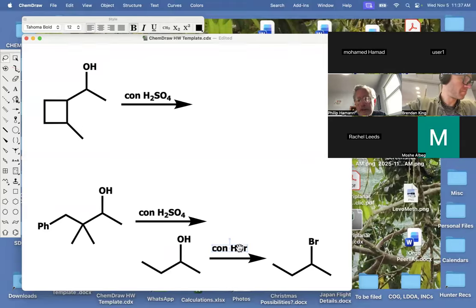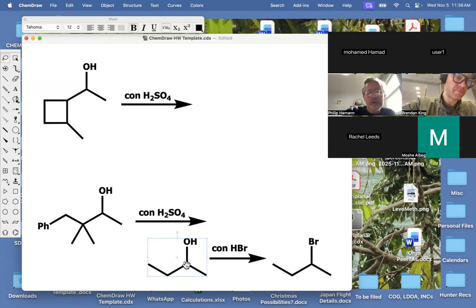And bromide is a very good nucleophile in high concentration. So this is an exception to what you learn, and it works. So this is an SN1 of a secondary. Remember, there's an exception to everything you learn in orgo. But solvolysis only works with tertiary. This is not considered solvolysis.